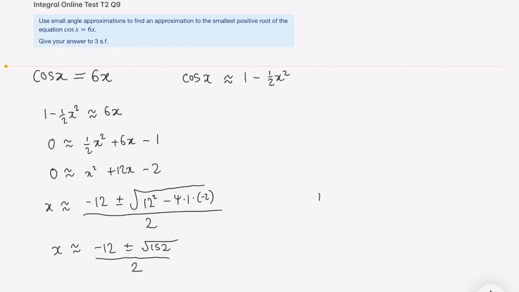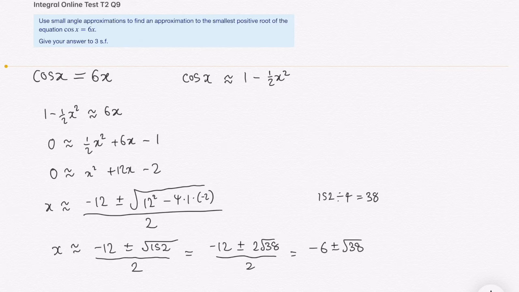In particular, 152 divided by 4 is equal to 38. So this is equal to negative 12 plus or minus 2 root 38 all over 2, which is equal to negative 6 plus or minus the square root of 38.